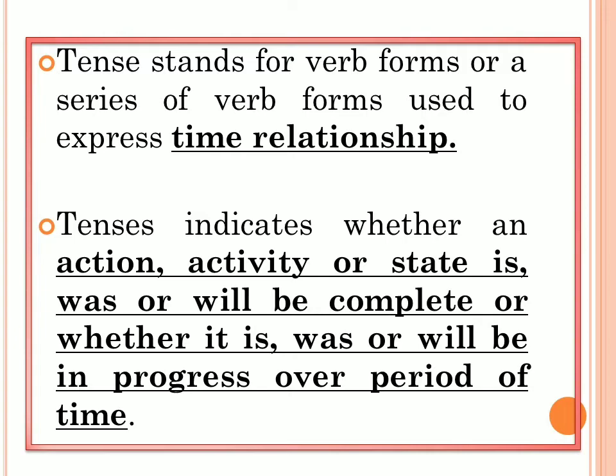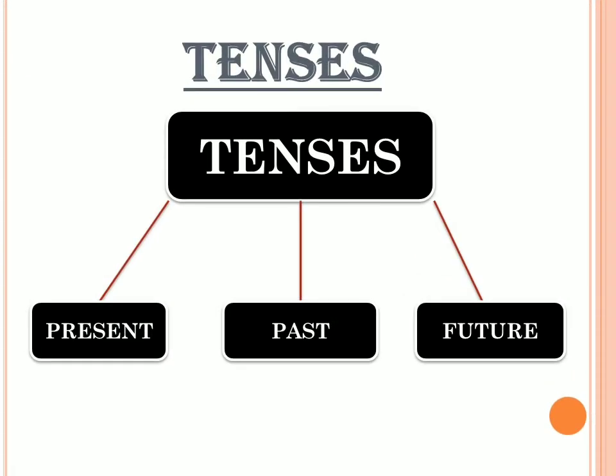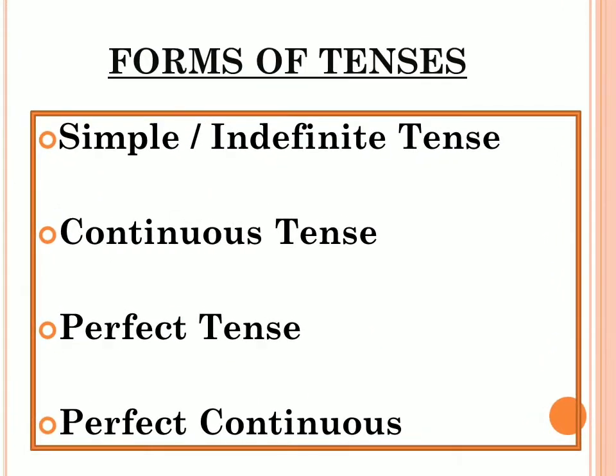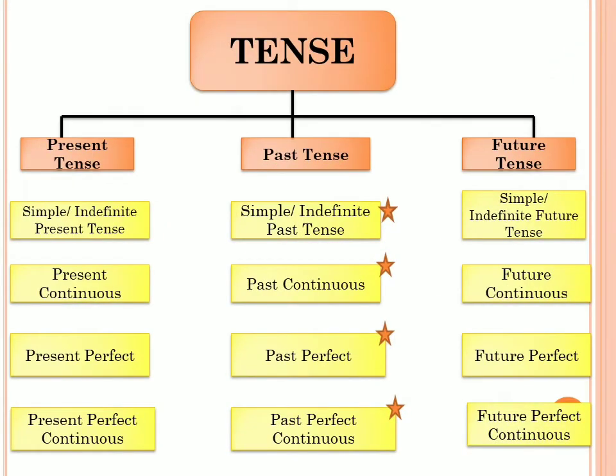So there are three tenses: present, past and future, and each has four forms: simple or indefinite, continuous, perfect and perfect continuous. In the last two classes, we learned about present tense and its four forms, past tense and its four forms. So today we are going to discuss future tense and its four forms.